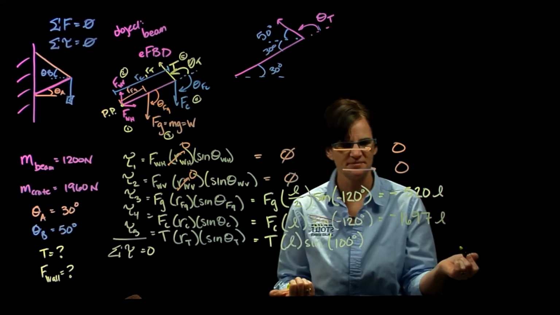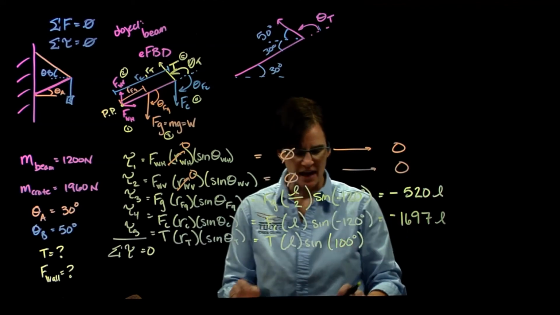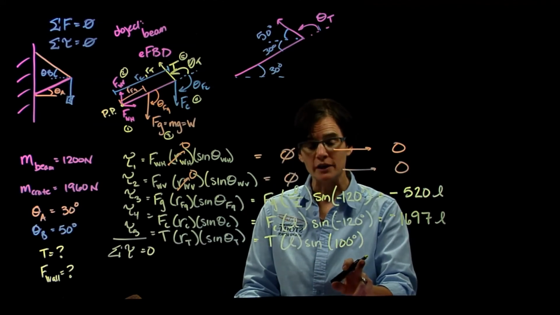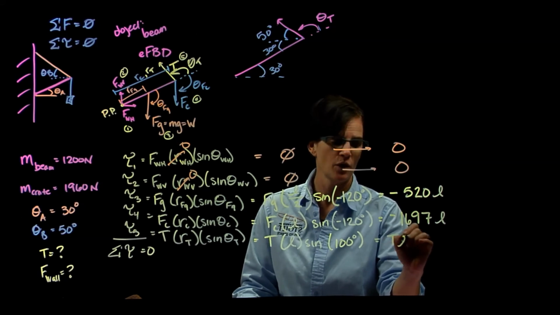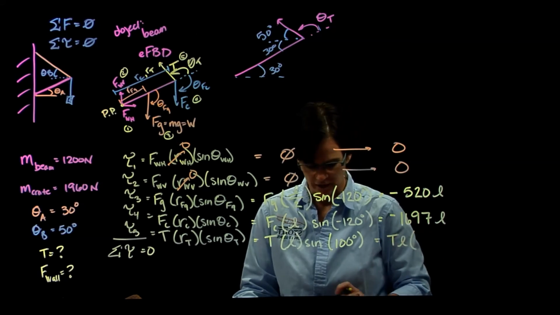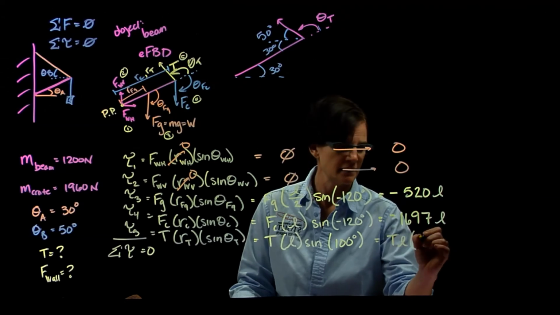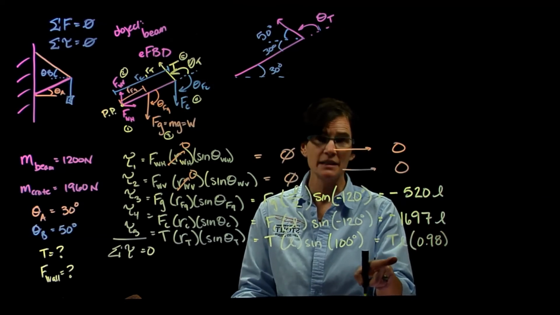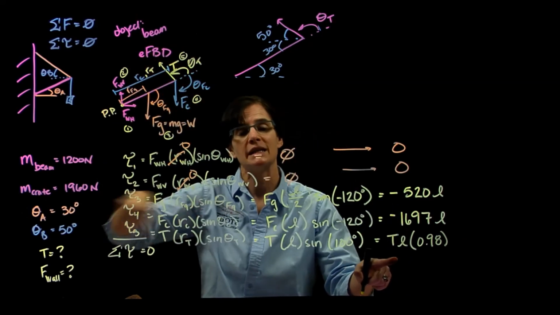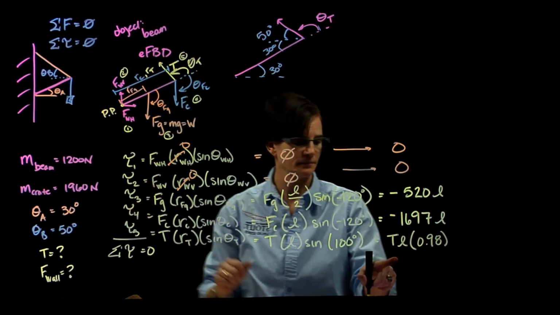Again, I don't know L. And finally, we have the torque exerted by the tension. Well, I don't know the tension. I don't know L, but the sine of 100 is 0.98. Do I expect that value to be positive? Yeah, this is trying to rotate in a counterclockwise direction.